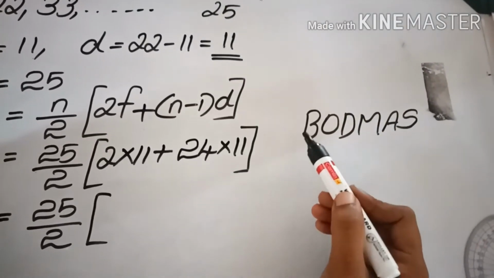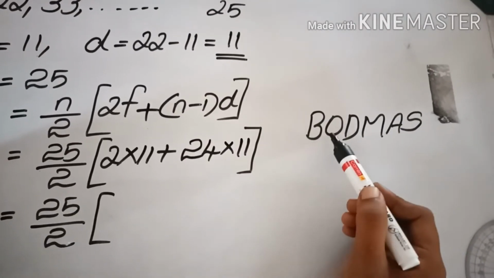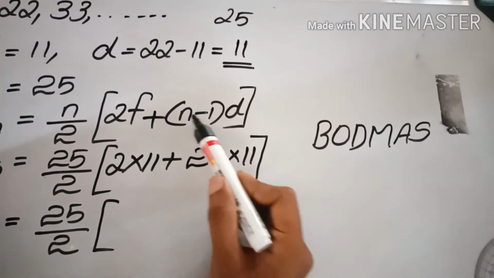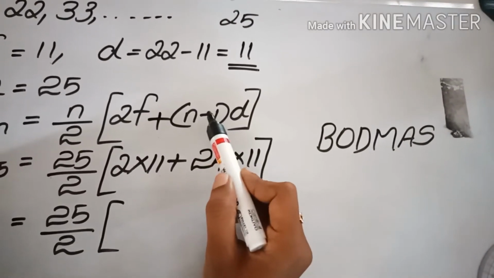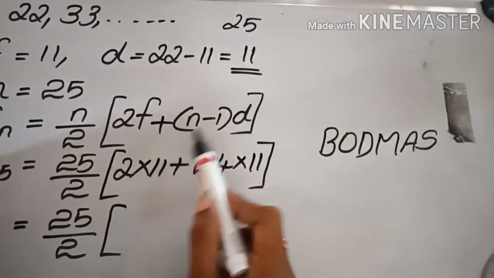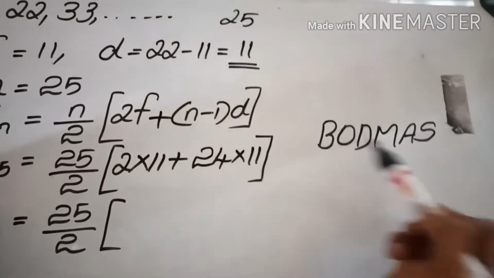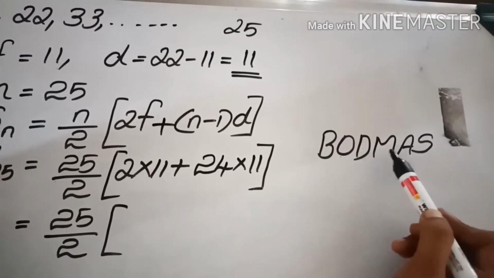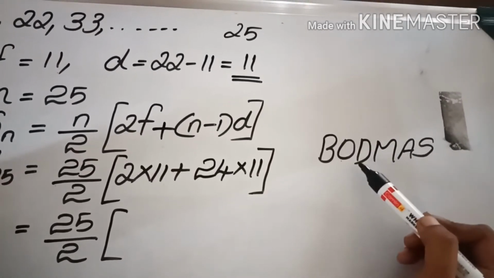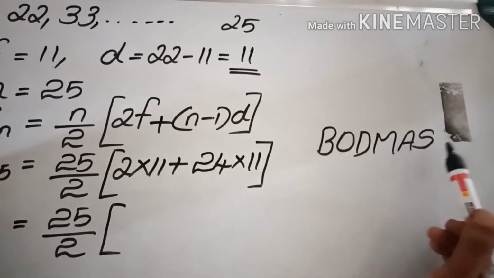First of all, if a problem has brackets, you have to open the bracket first. That we did here: n minus 1 is a small bracket that we opened first, so 25 minus 1 is 24. After opening the bracket, you can do division and multiplication together. Only after division and multiplication can you add or subtract.